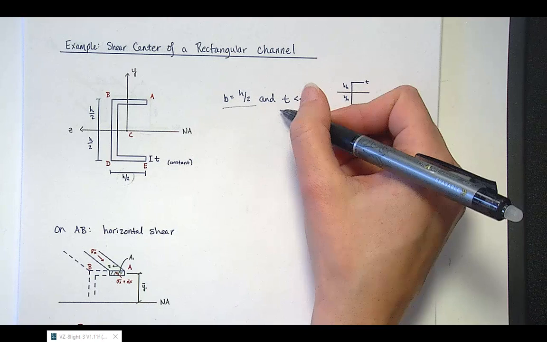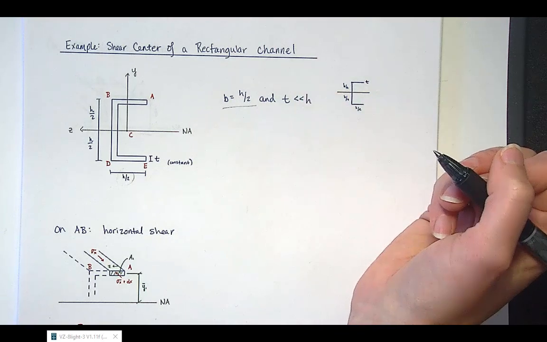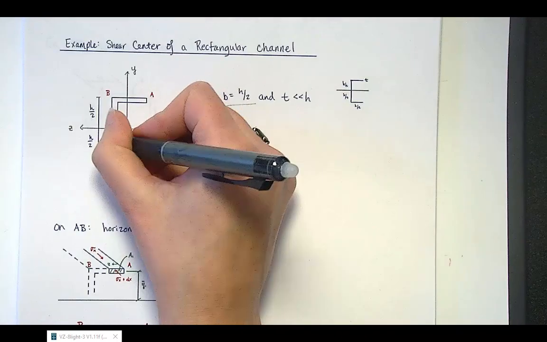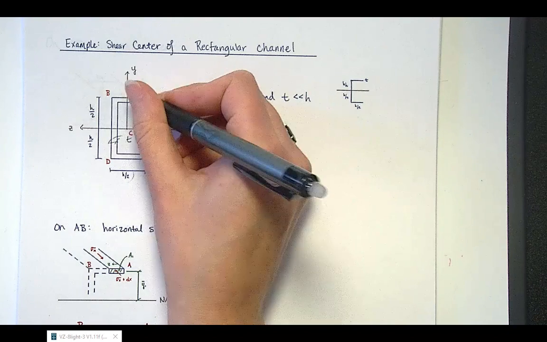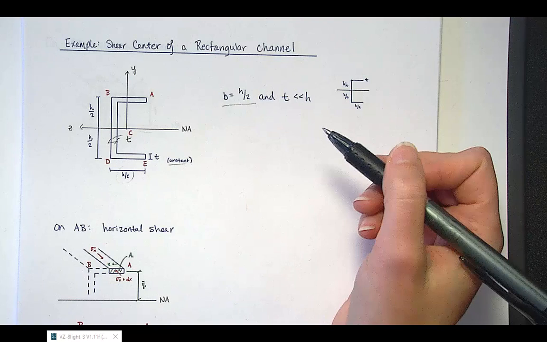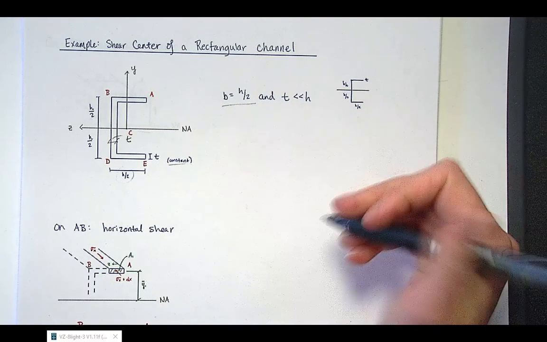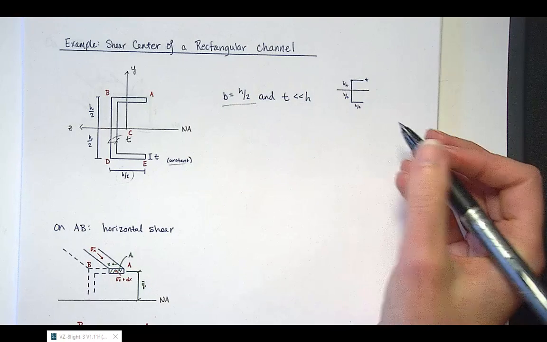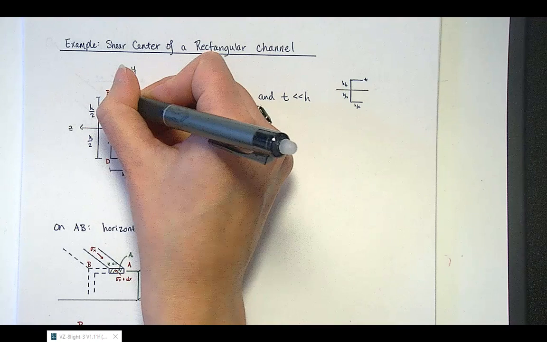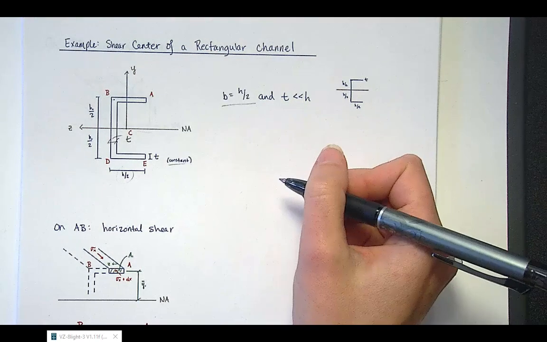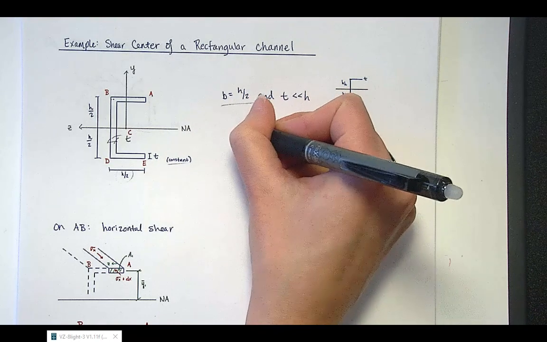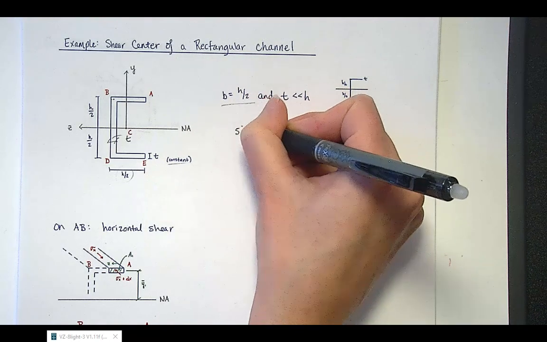And the thickness is much smaller than h. The thickness is intended to be constant around the entire cross section, so you have the same thickness at each segment. Because it's much smaller than the other dimensions, we can neglect higher powers of t, and we don't need to split hairs like t over 2 when calculating geometric properties.